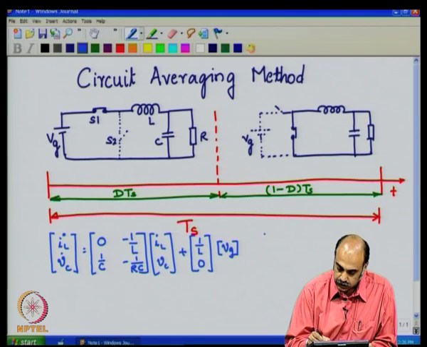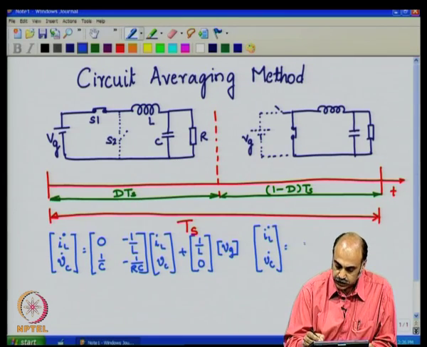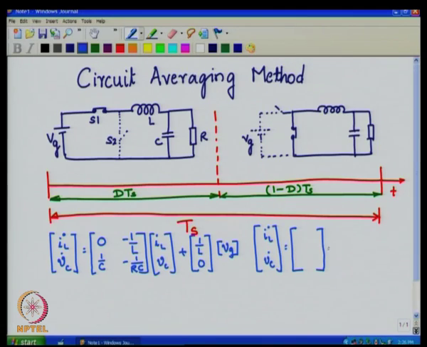Likewise, for this case, IL dot VC dot is equal to the A matrix multiplied by the state vector plus the B matrix multiplied by the input vector VG.